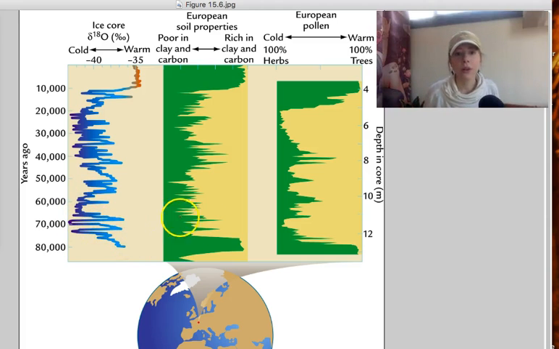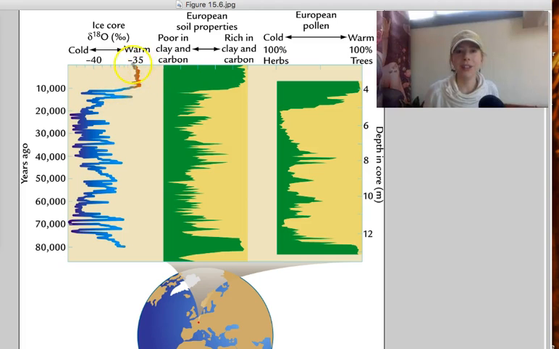And it also corresponds here with, if you work your way across, colder conditions as represented by the isotope ratios in the ice core. And so it really helps to look at these graphs to try to find one interval to compare across. So you see a decrease here towards more herbs, cooling, cooling, cooling, and cooler isotope data.